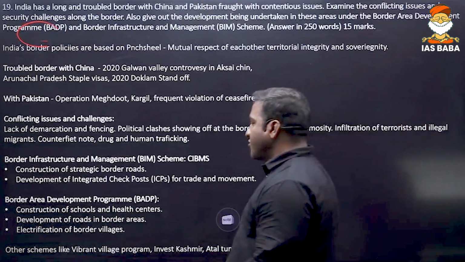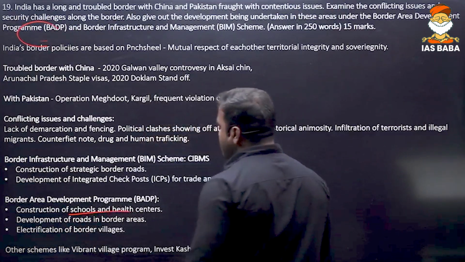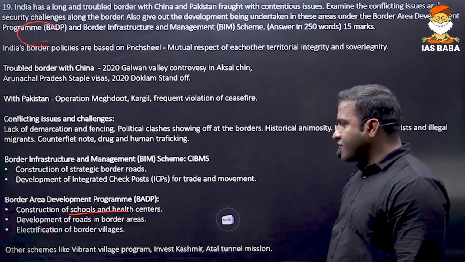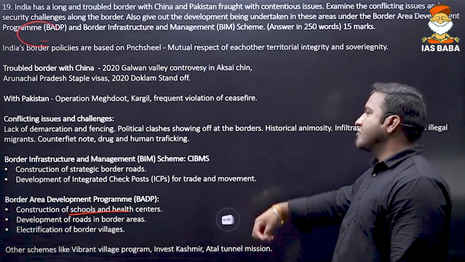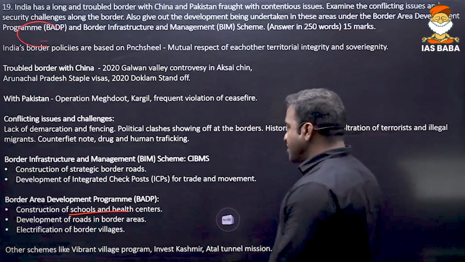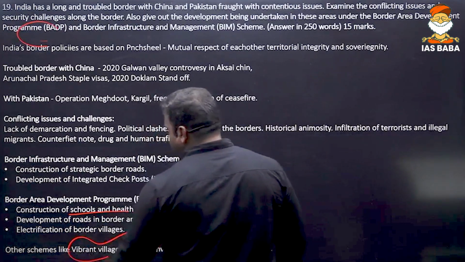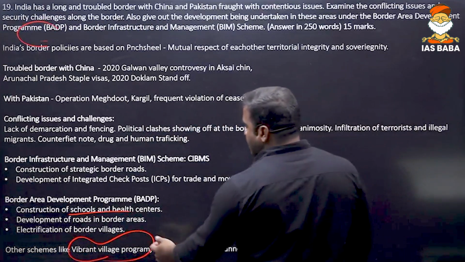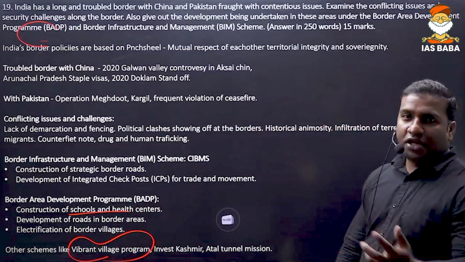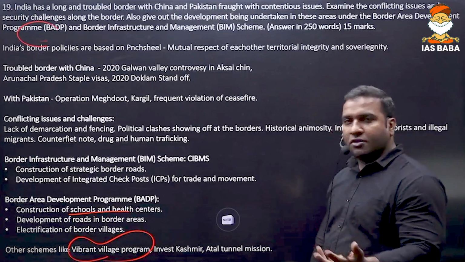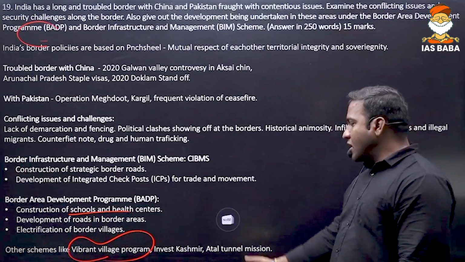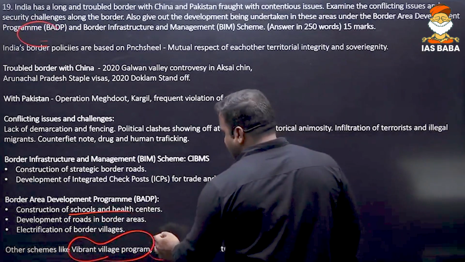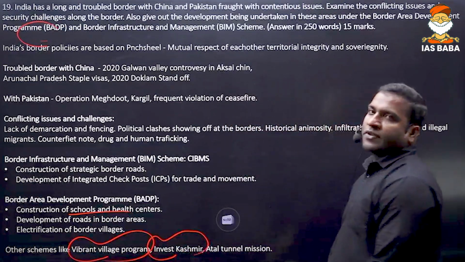Then border area development program: construction of schools, health centers, roads in the border areas, and electrification of villages, and also the Vibrant Villages program, so that the communities at the borders are taken care of, they are educated and trained to be friendly with the military, the Border Security Force and border guard people, so that bonhomie can avoid several other skirmishes.